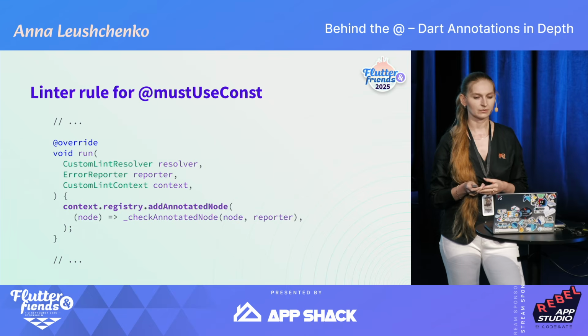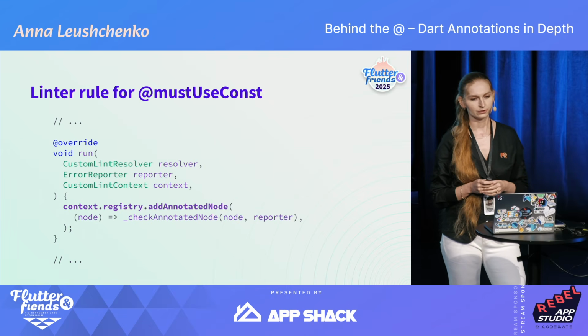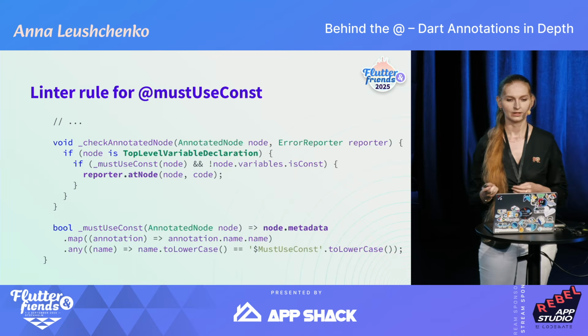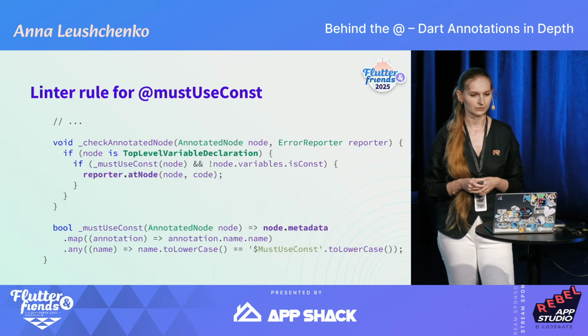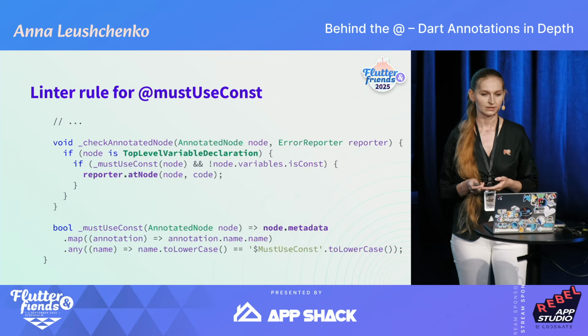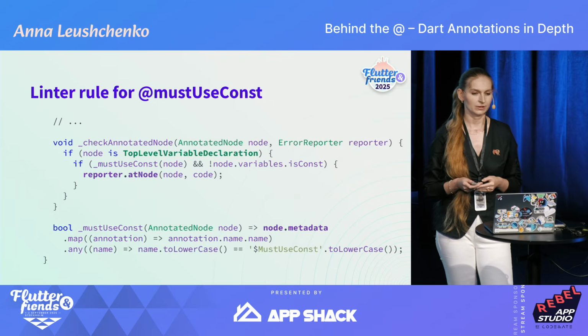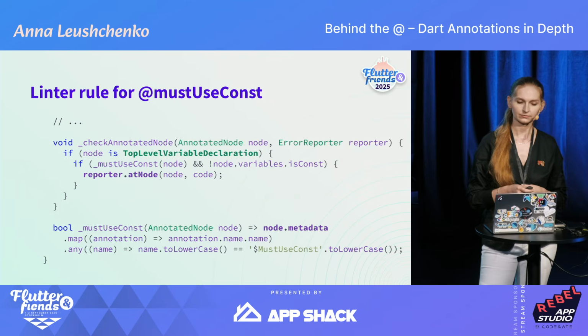Then we subscribe to a callback that will be triggered every time the source code we are analyzing contains an annotated element. And inside the handler, we check if the annotated element is a top-level variable. And if it is annotated with the must use const annotation, but it is not const, we issue a warning through the reporter.